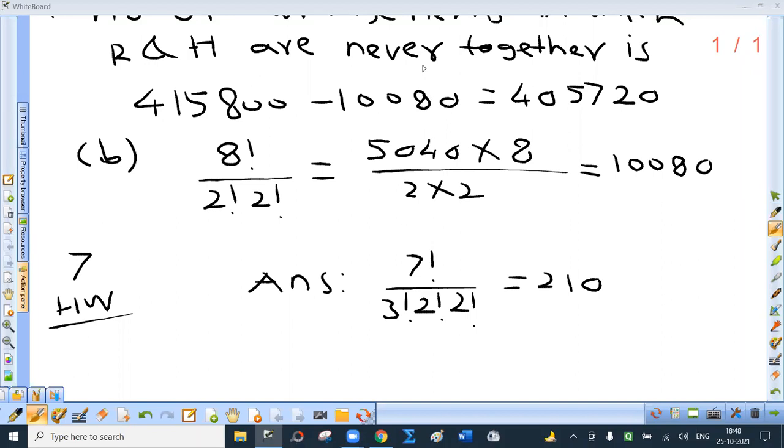Letter B is always next to A. Right now, there are 6 letters in the word Mumbai, which include M, capital M twice.